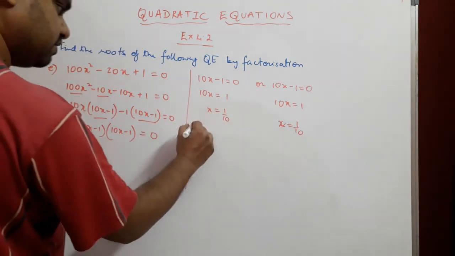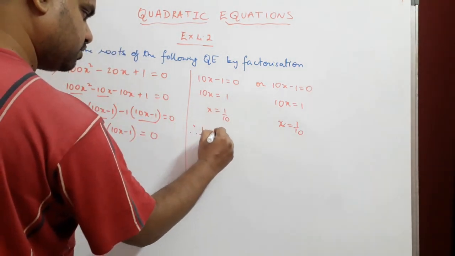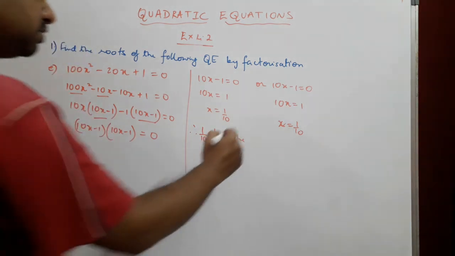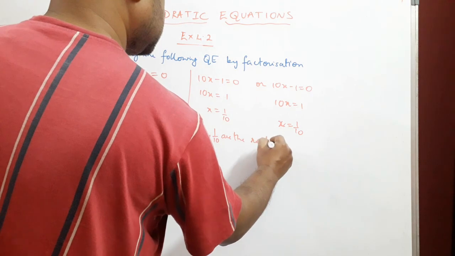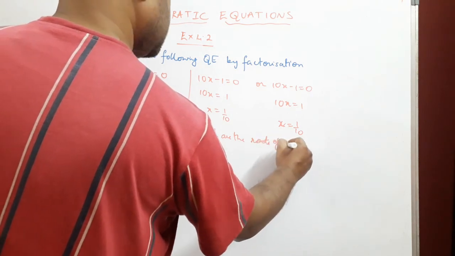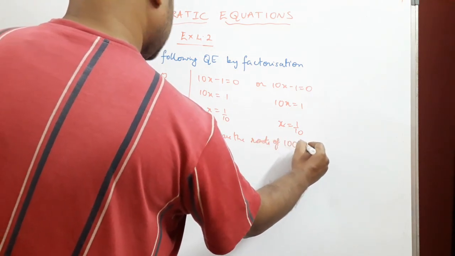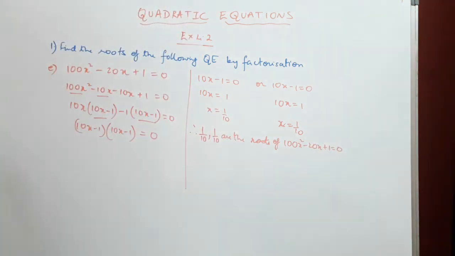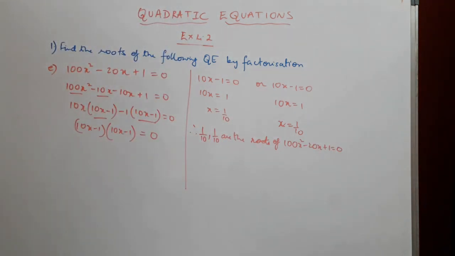We can write therefore 1 upon 10, comma, 1 upon 10 are the roots of 100x square minus 20x plus 1 equal to 0. With this we have completed the first question under exercise 4.2.